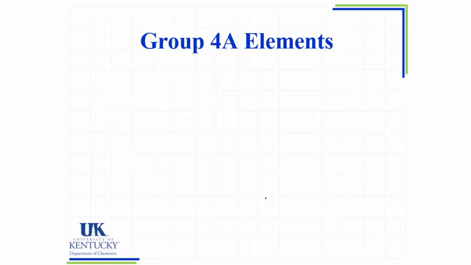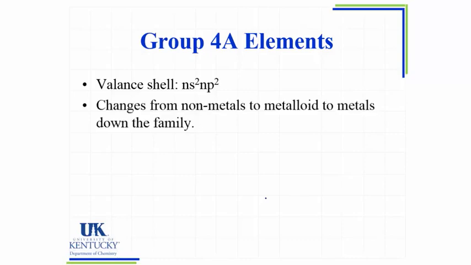Let's move on to the 4A elements. Okay, so they're going to have that electron configuration. We're going to have 4 valence electrons, and we see in this family, this is the first family where we see nonmetals up there at carbon. We come down and we see some metalloids with silicon.